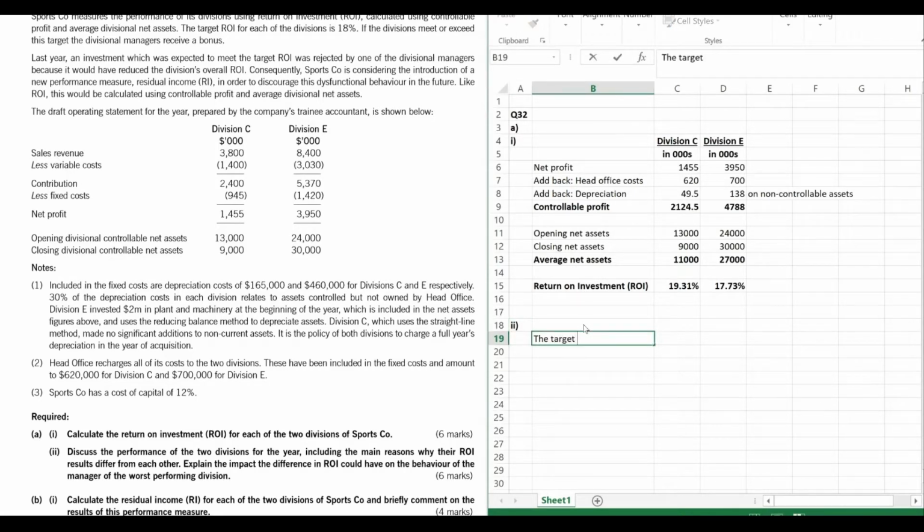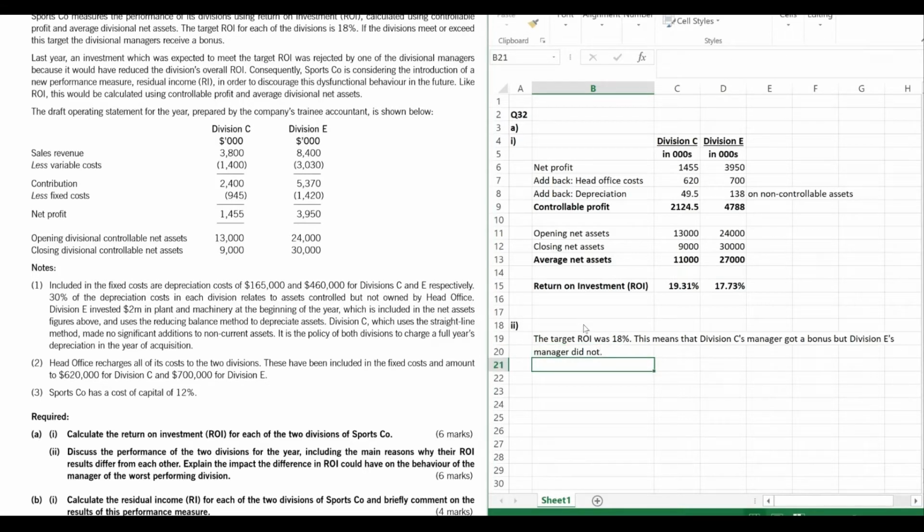The target ROI was 18%. This means that Division C's manager got a bonus, but Division E's manager did not.